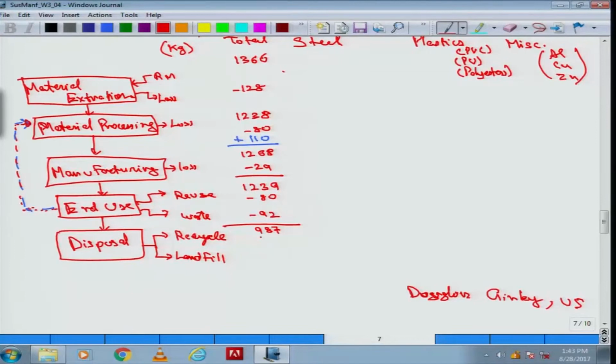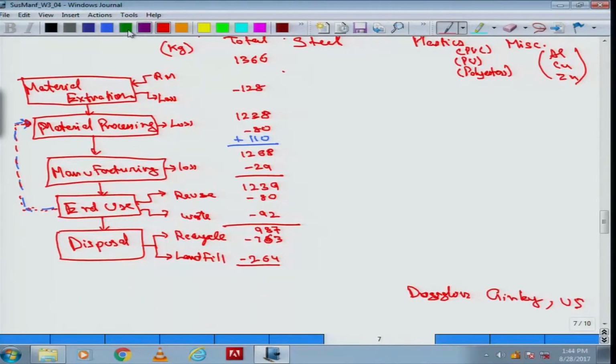He actually observed these weights in the factory. And finally the recycling that was done was about 763 kg and the remaining 264 kg were landfill.